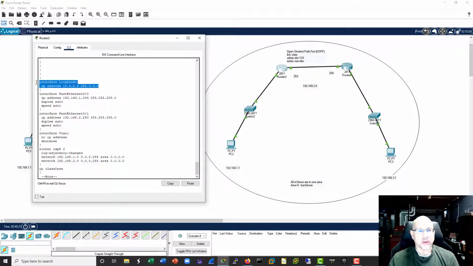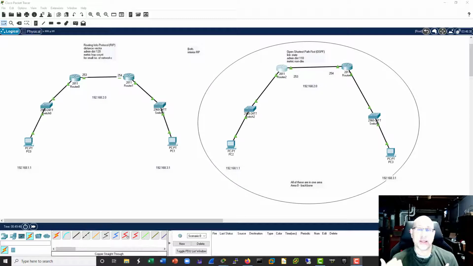And loopback interfaces are handy because we can manage devices using a loopback interface and not worry about whether or not the physical interfaces are up. As long as we can connect to the router any way, we can use a loopback interface. Now this is similar to VLAN 1 on a switch or BVI 1 on access points and so forth.